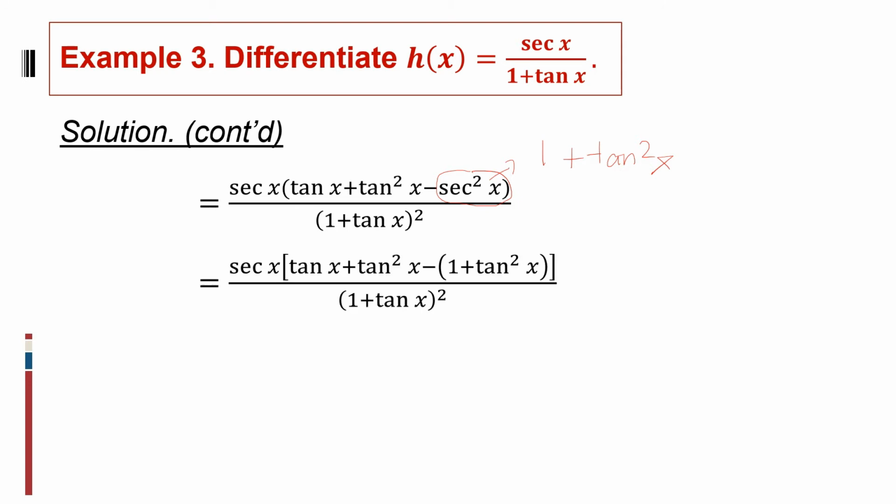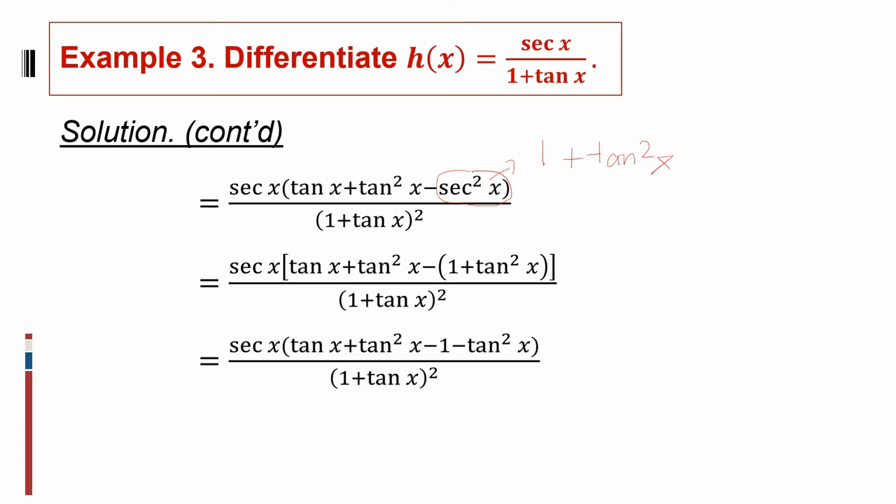So we have secant x times tangent x plus tangent squared x minus 1 plus tangent squared x all over 1 plus tangent x squared. If we remove the parentheses, we have secant x times tan x plus tan squared x minus 1 minus tan squared x. At pwede na natin i-cancel itong part na to kasi magzi-zero. So that is now equal to secant x times tan x minus 1 all over the square of 1 plus tan x.